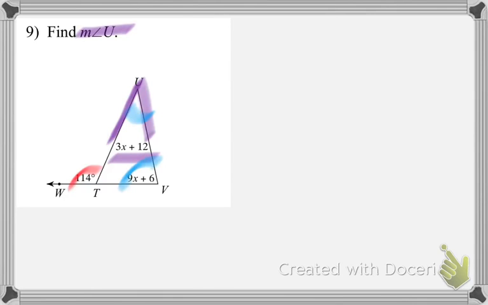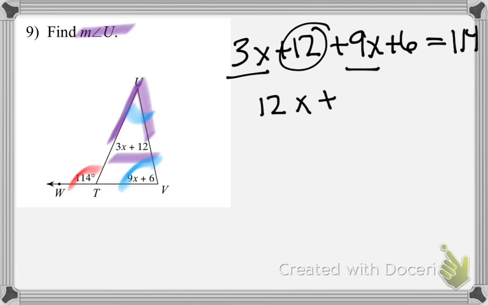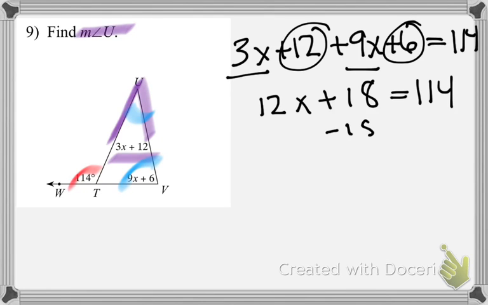Okay, so I have the 3x plus 12 plus the 9x plus 6 is equal to the 114. Okay, combine my like terms. So I have 3x plus 9x is going to leave me with 12x. I have 12 plus 6, which is going to leave me with 18. Okay, subtract 18 from both sides.